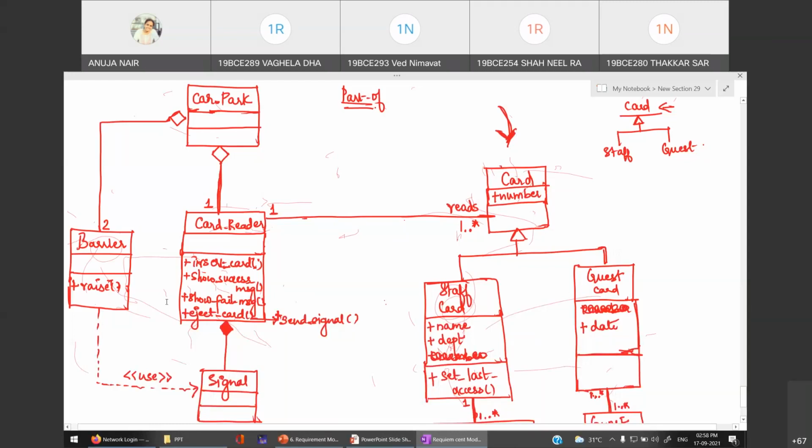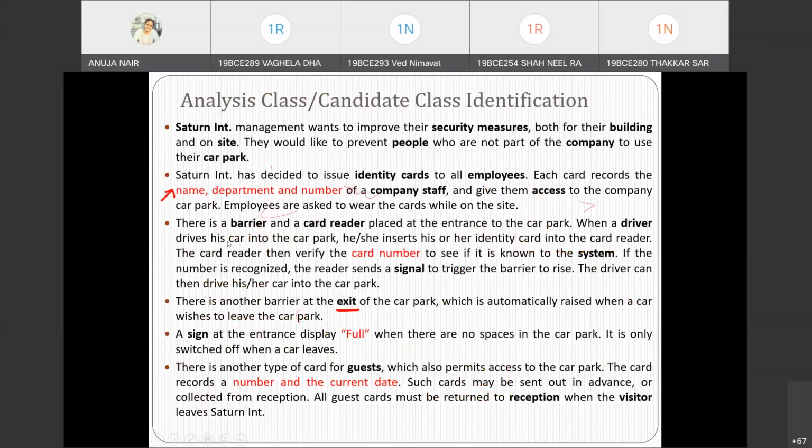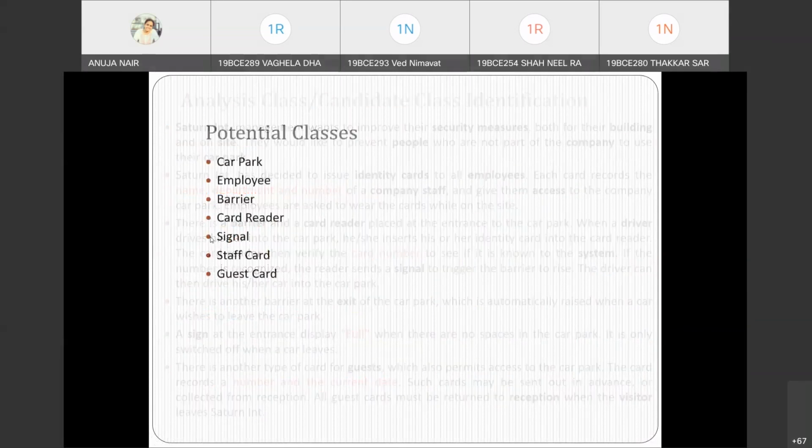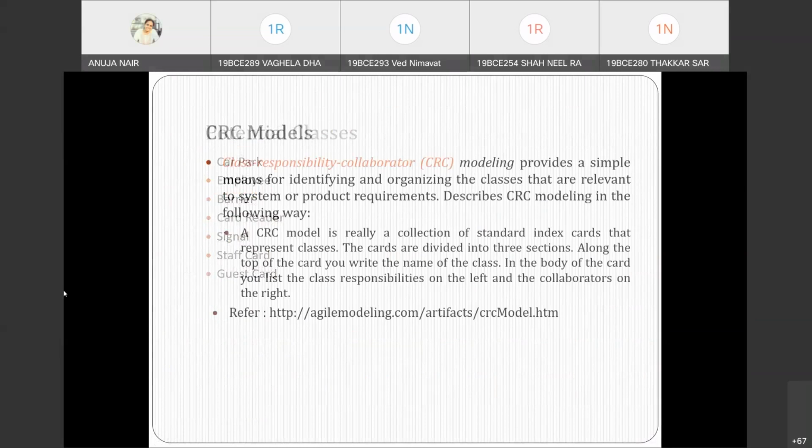Actually, every time you don't need to find out the analysis class, because once you are used to finding out the classes, you can directly jump to a potential class, right? But this is a process: you find the analysis class, then you find the potential class, then you find out the attributes, methods, and then you find out the relationship between all of them. So am I clear with this? Am I clear with the diagram?